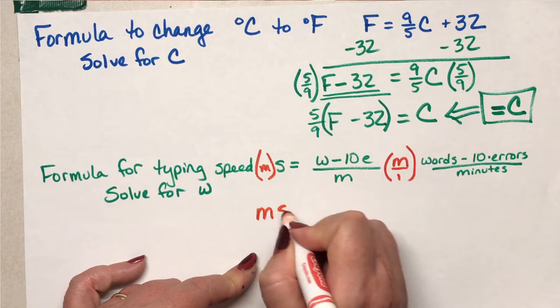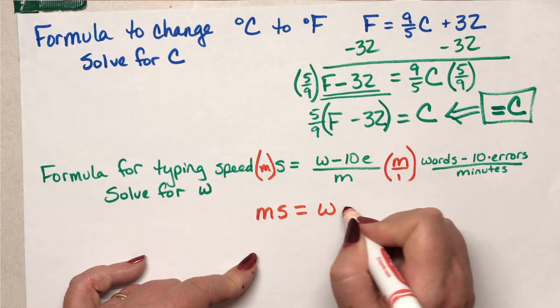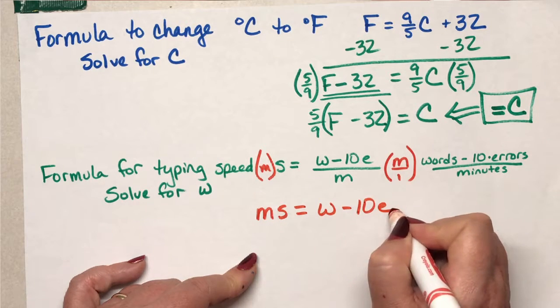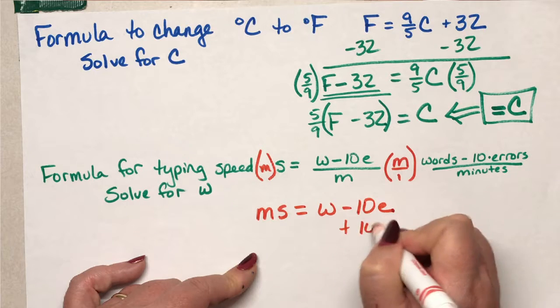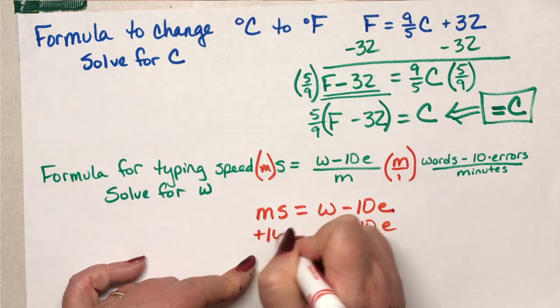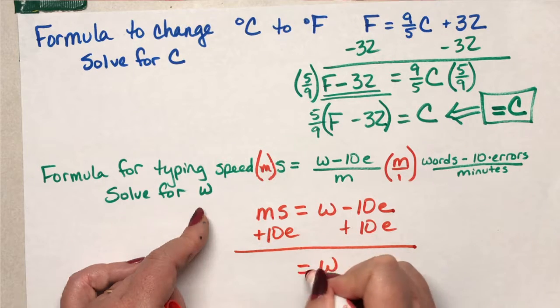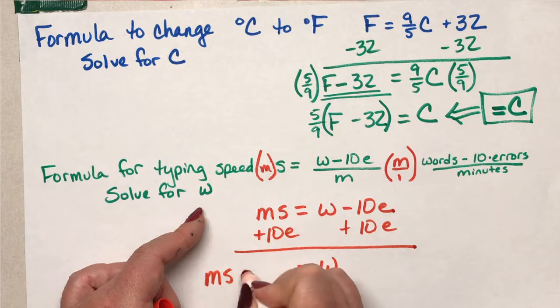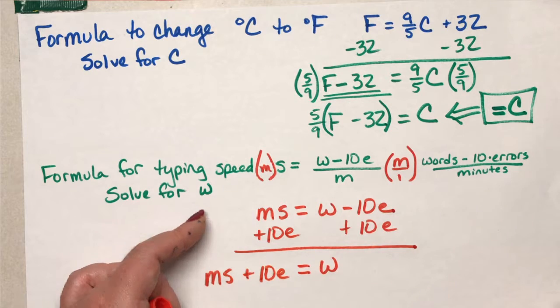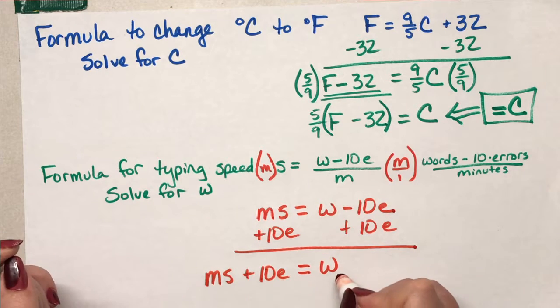So now I have ms equals w minus 10e. And now I'm going to add 10e to both sides to get w by itself. And w equals ms plus 10e. And I have solved for w.